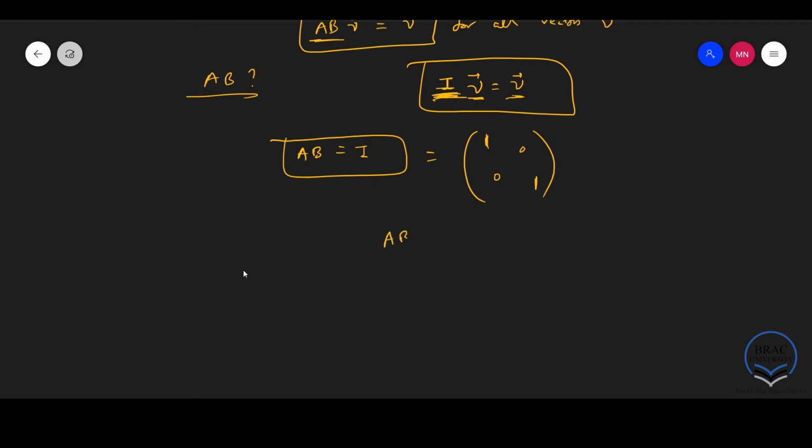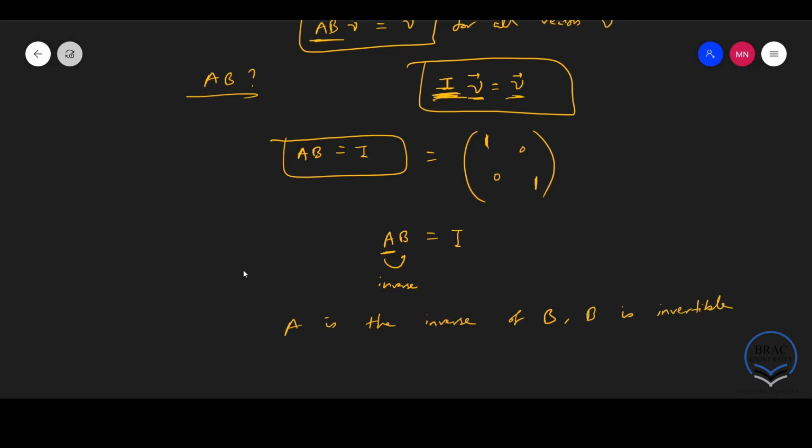So if AB is equal to I, our identity matrix, then we can say that A here is the inverse of B. So A is the inverse matrix of B, and B is invertible.